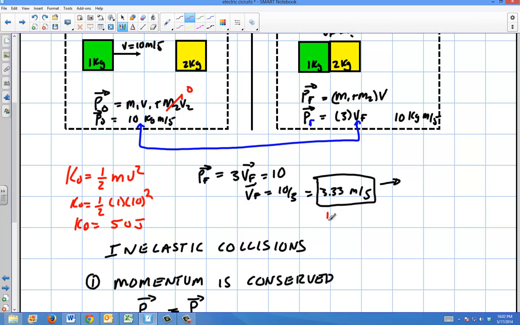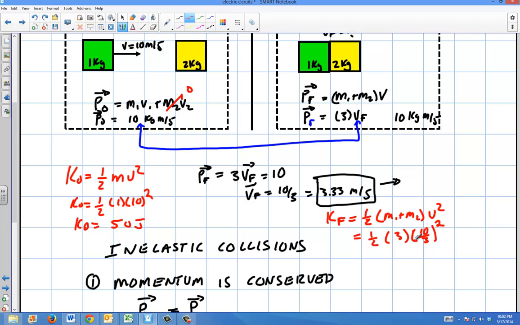So the kinetic energy final is going to be 1/2 of both the masses, right? Mass 1 plus mass 2, right? V squared. So 1/2 times 1 plus 2 is 3, and then V, we said it moves off with 3.33333, or let's just do 10 over 3 in this case, squared.